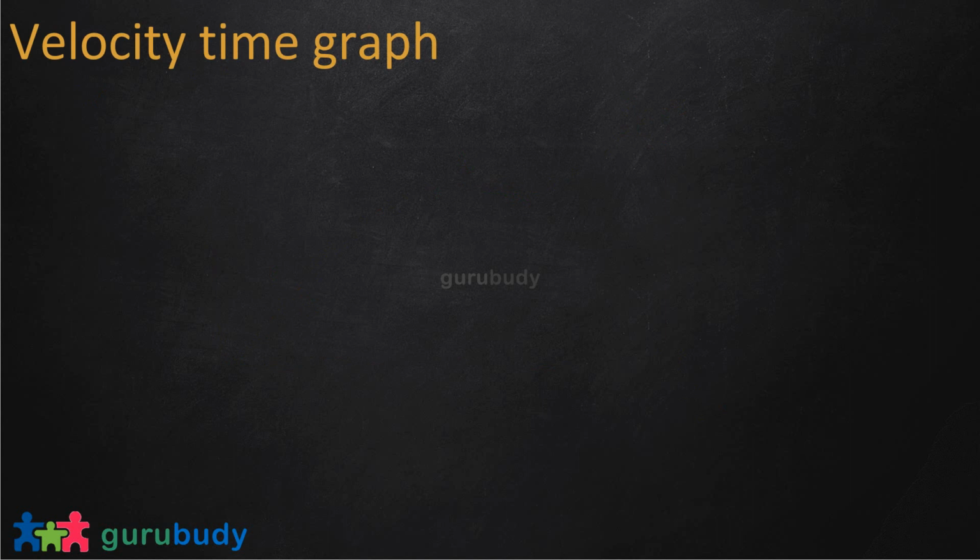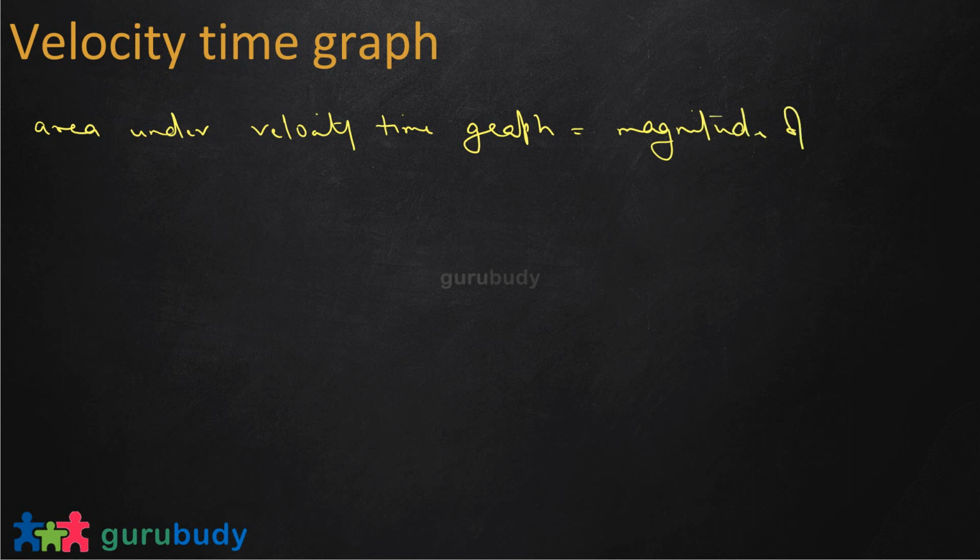Another very important property of a velocity time graph is it can tell you displacement too. So if I'm looking at the velocity time graph, the area under the velocity time graph gives you the magnitude of displacement, right?